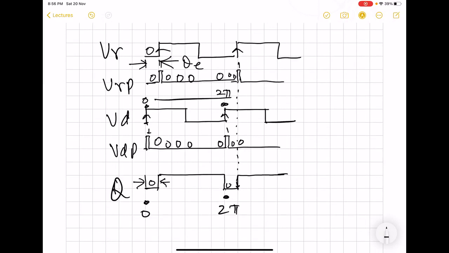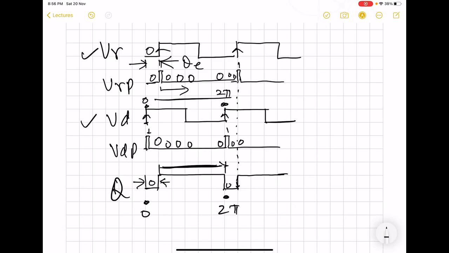So as this phase error increases, that means as we pull this edge towards the right side, increasing the gap between the VR edge and VD edge, this pulse width is going to become narrower and narrower.